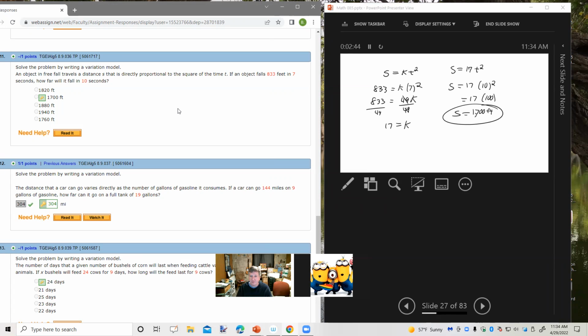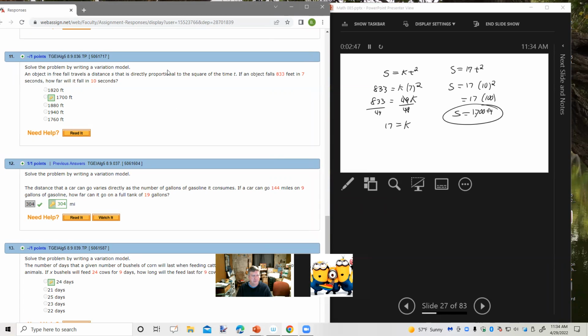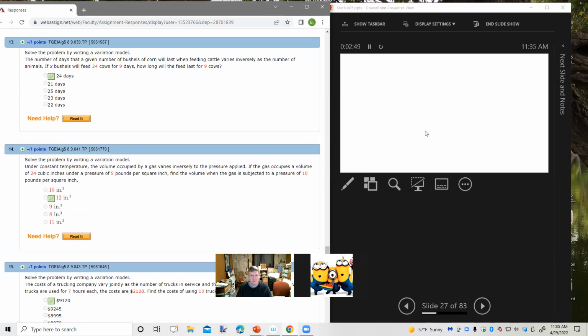All right. Others? Number 13. Solve the problem by writing a variation model. The number of days that a given number of bushels of corn will last when feeding cattle varies inversely as the number of animals. So the days vary inversely as the number of animals.